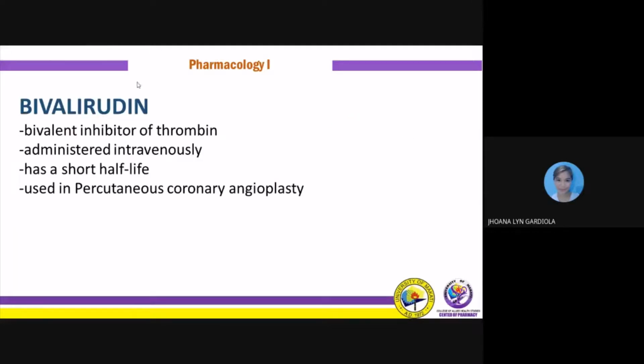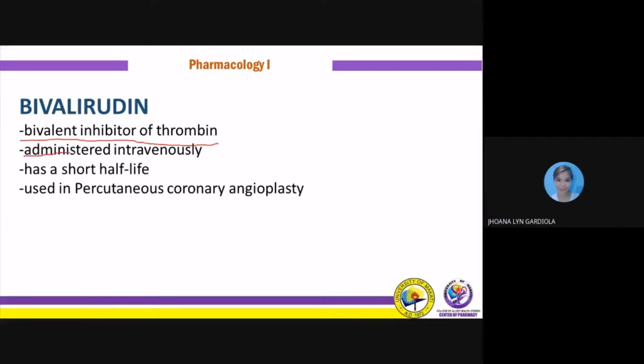Now let's go to bivalirudin. So bivalirudin is a bivalent inhibitor of thrombin. And unlike hirudin, the binding of bivalirudin is reversible. Reversible naman siya, because plasma enzymes, including thrombin itself, cleave the arginine-proline bond at the catalytic site.